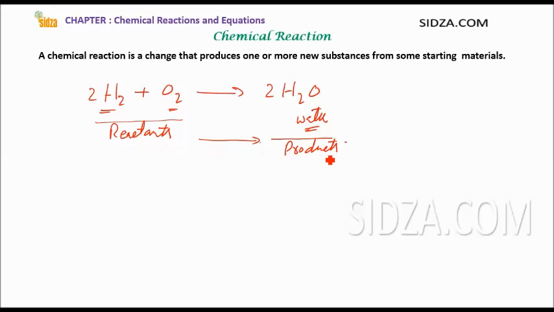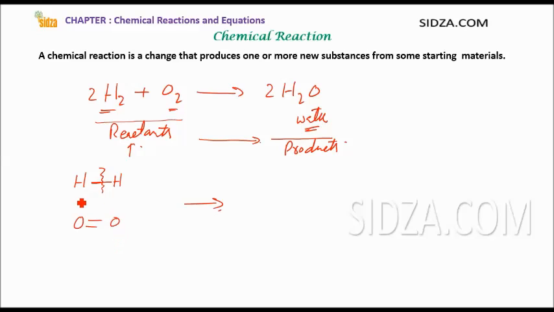And when a chemical reaction occurs, bond breaking in the reactants takes place and new bonds are formed in the products, right? So in this example, the hydrogen molecule has a hydrogen-hydrogen bond, and there is the O2 molecule. In the chemical reaction, the hydrogen molecule breaks down, the bond breaks here.